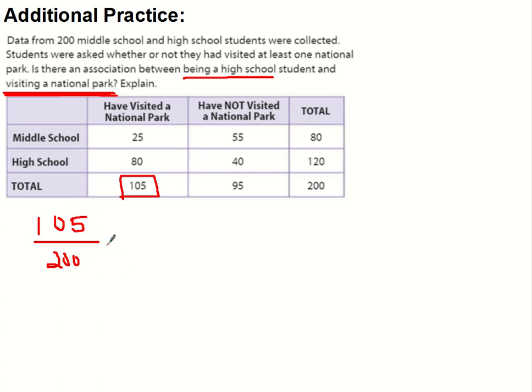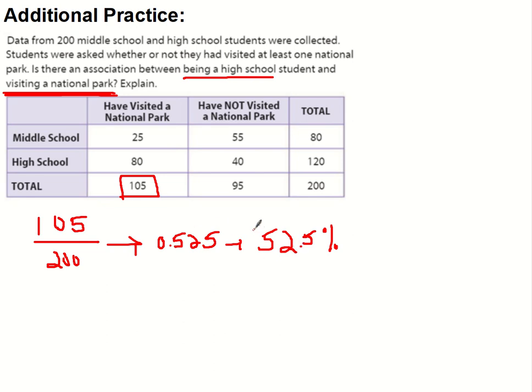So I'm going to change that into a decimal, which is 0.525, and I do that by just doing division. This is 105 divided by 200, and that's 52.5%. So the amount of students total that have visited a national park is 52.5%.